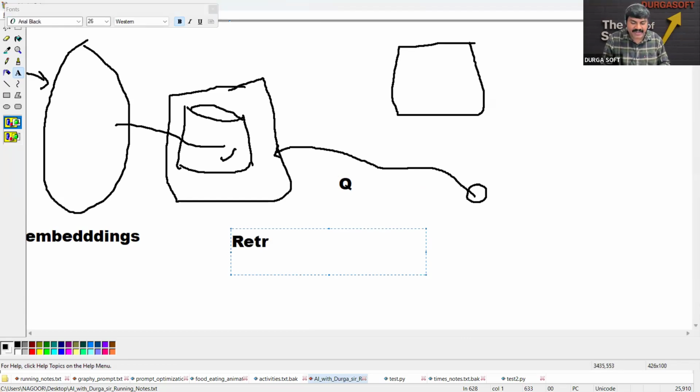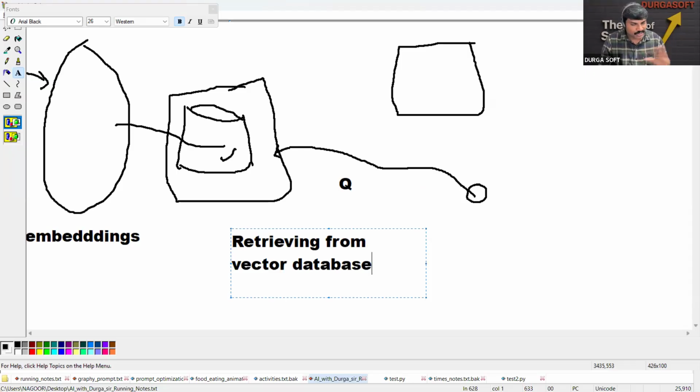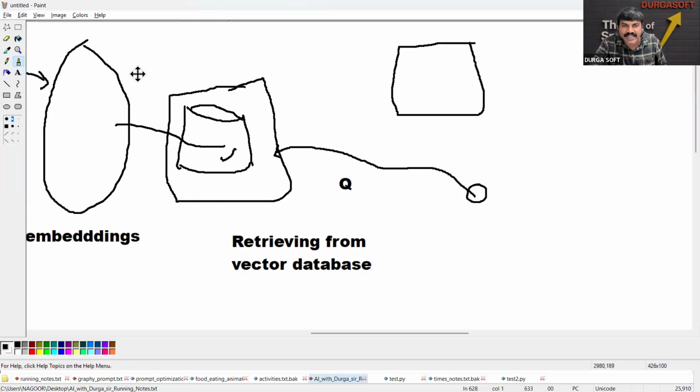From where is it retrieving the data? Retrieving from the vector database. Is it going to the model directly? No. First step, retrieval.